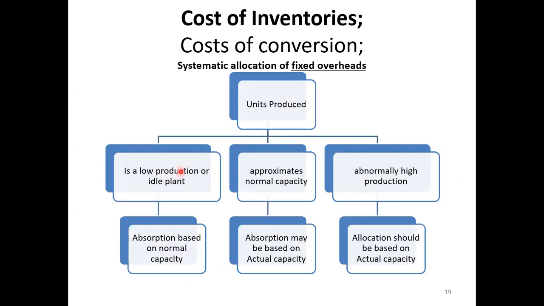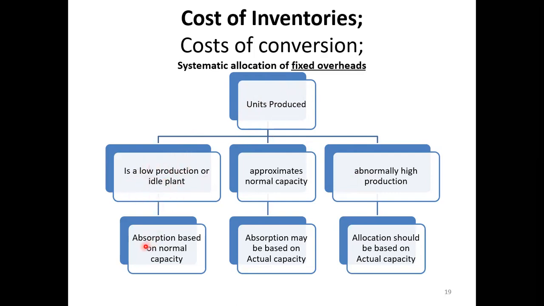The LKAS has been simplified in this graphical format. If the number of units produced is low, it's low production or idle plant. For example, the normal capacity we expected is 10,000, but the actual production is 5,000. In that case, it falls in this category.